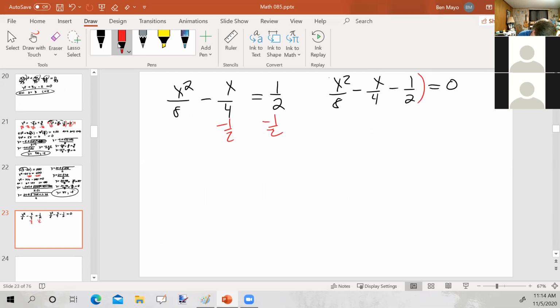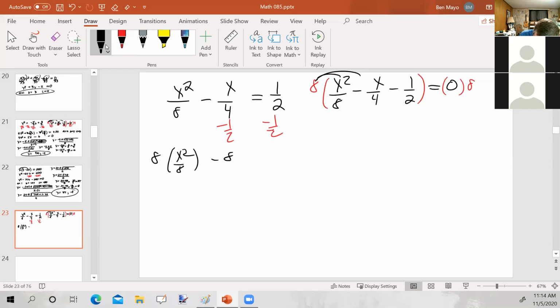The least common denominator is going to be 8. So I'm going to take 8 times x squared over 8 minus 8 times x over 4 minus 8 times 1/2 equals 0.